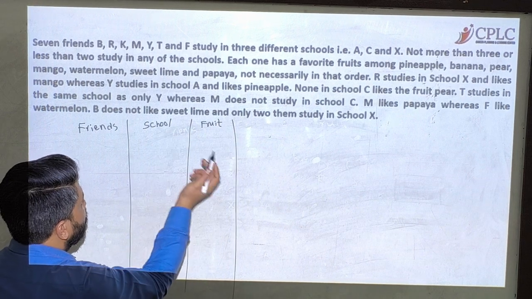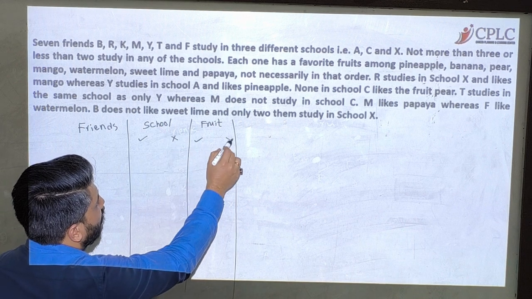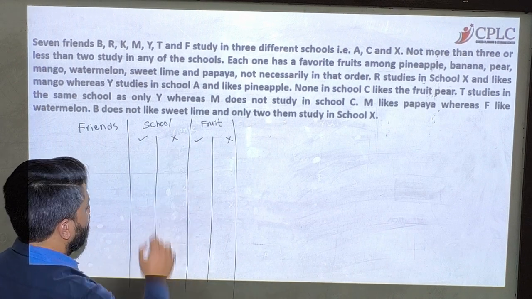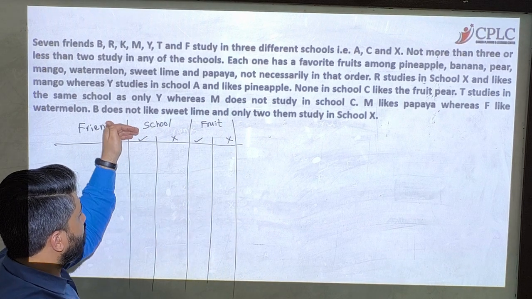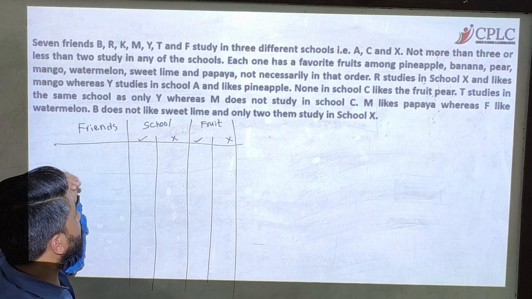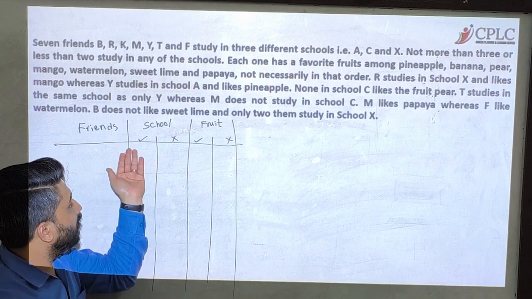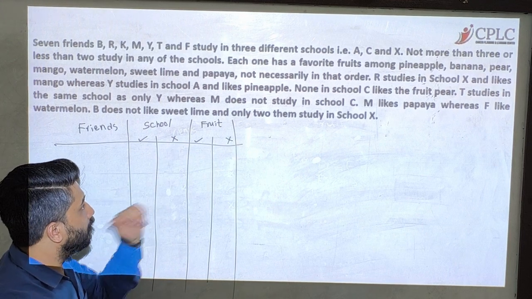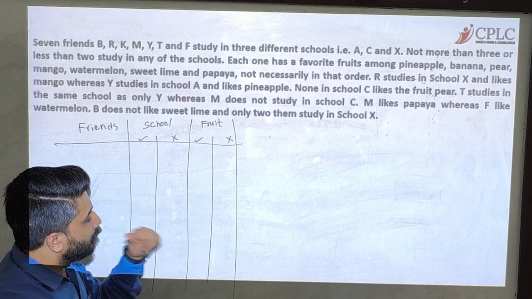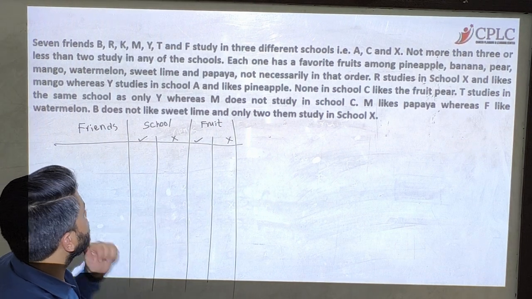What we can also do here is subdivide the school and the fruit columns into 2 more categories. Now, why these categories? For example, anything that is positive will come under the tick part, and anything that is negative will come under the cross part, and the same is applicable for the fruit part. So we are also tracking the negative data here.